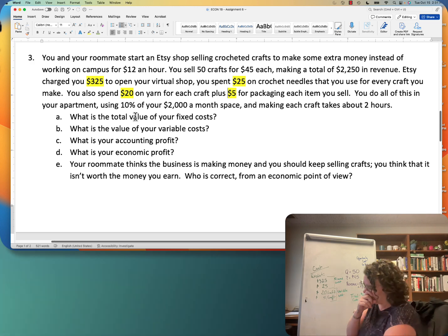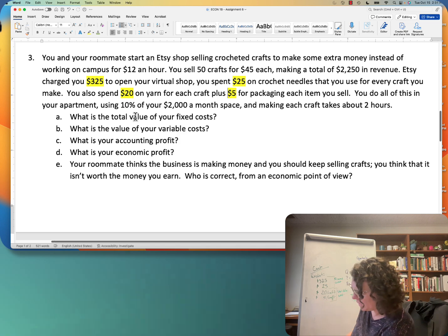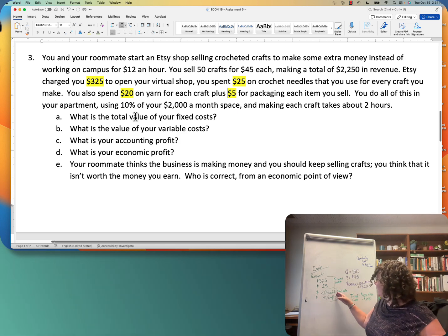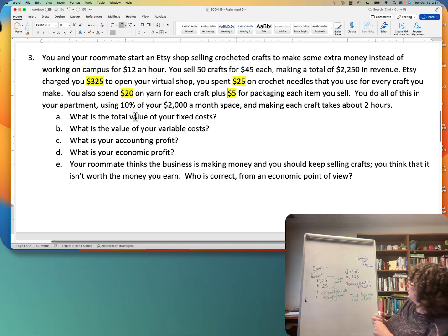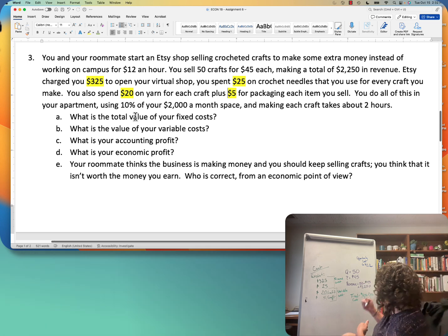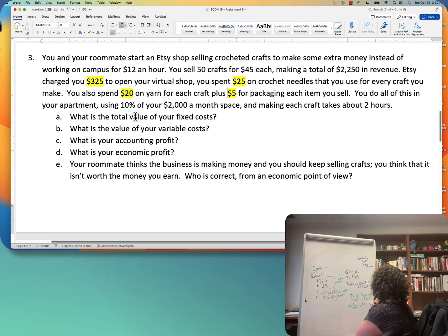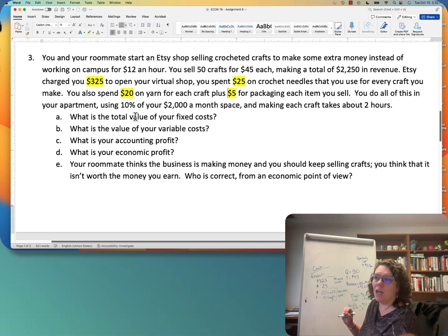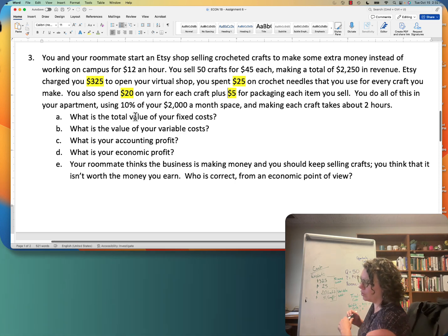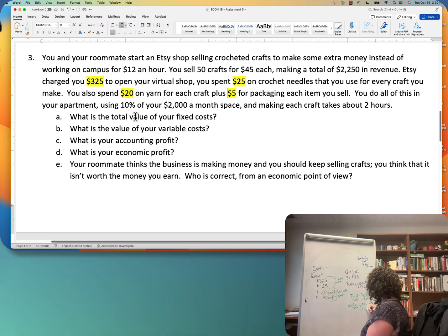Our variable costs, on the other hand, are going to be based on these costs per unit. So remember, I said I made 50, so my variable costs are going to be $20 plus 5, or $25 times 50 crafts, which is going to give me a total variable cost of $1,250.